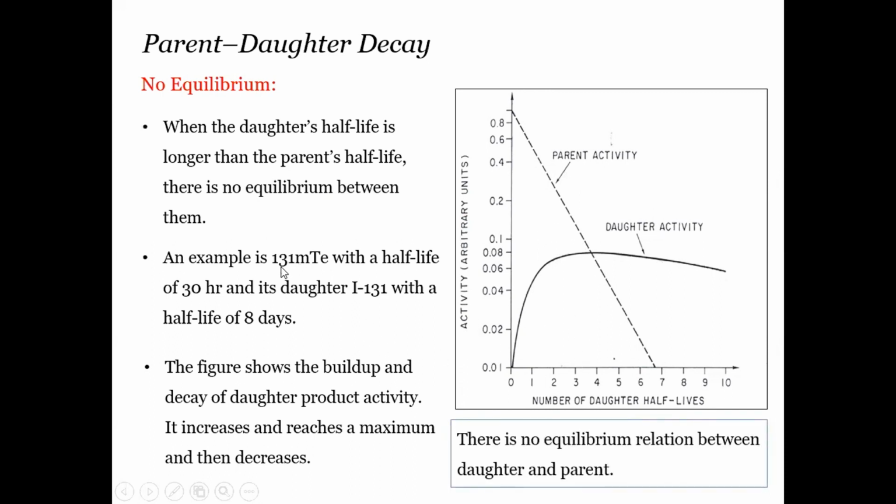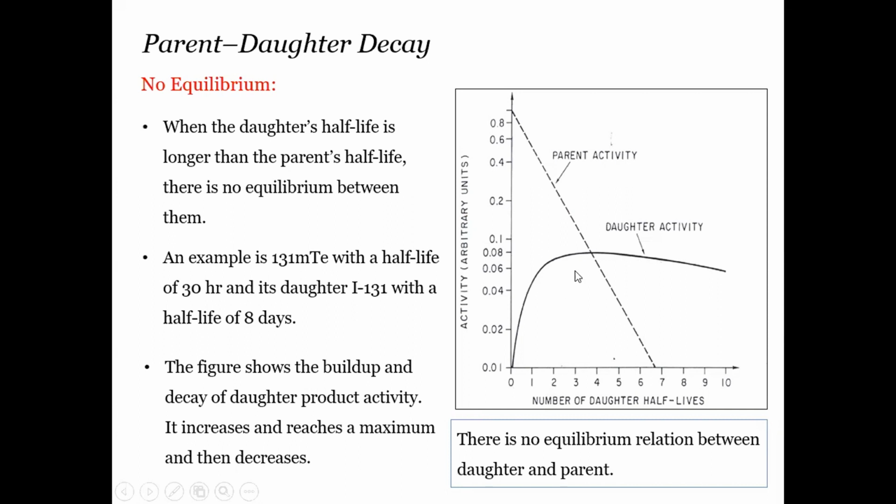Here is the example of tellurium-131 metastable state with a half-life of 30 hours. Its daughter is iodine-131, with a half-life of 8 days. Comparable almost, and the figure shows the buildup and decay of the daughter product.